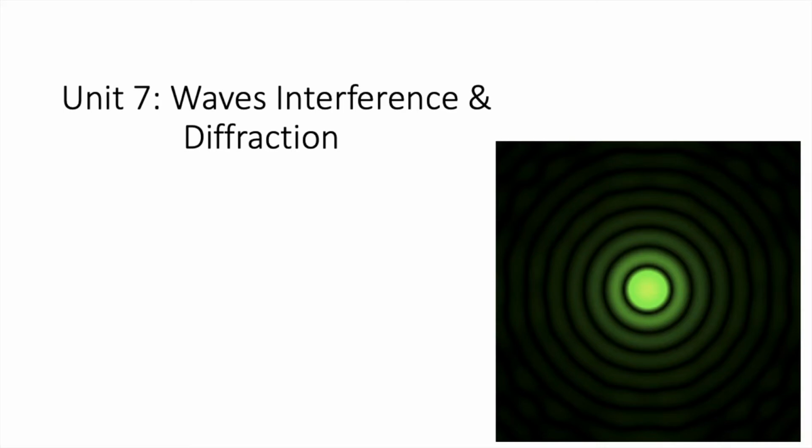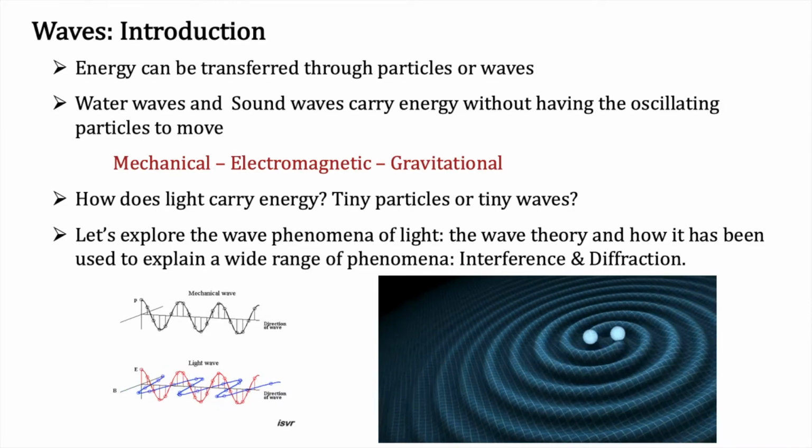This one I've shown here is a diffraction pattern for green light, and so we'll focus more on light interference and light diffraction, because these two experiments established light as a wave.